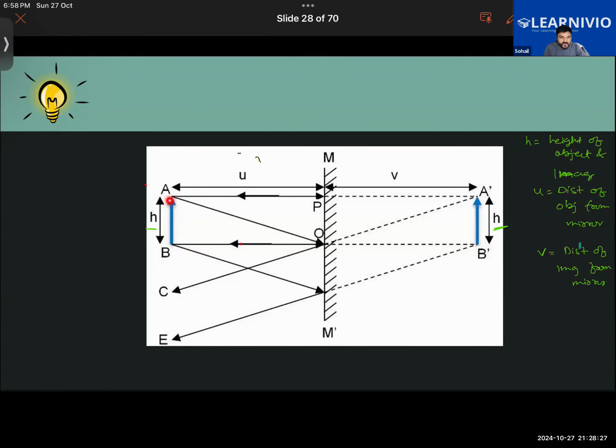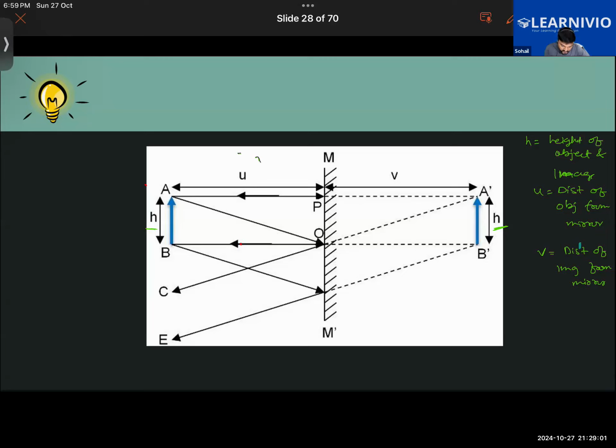So far, what are the rays we have seen coming from this object? Ray AP falls in this manner and got reflected. Ray AO falls in this manner and got reflected. Ray BO falls at an angle of 90 degree and got reflected back in the same direction from where it was coming. Then there's one more ray coming from this object, not mentioned over here, but let's call it ray BN.